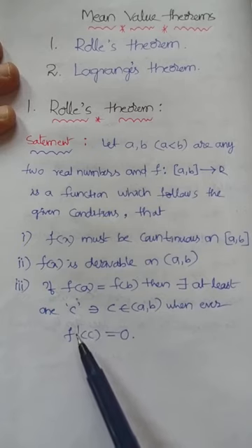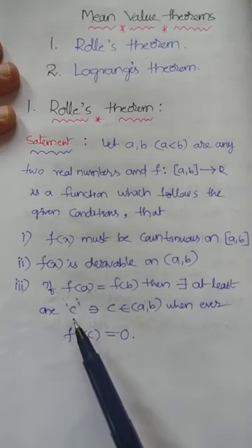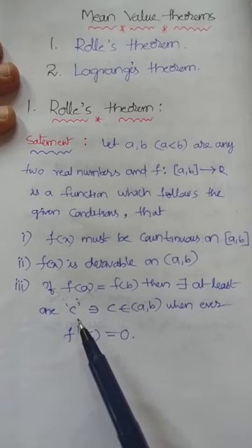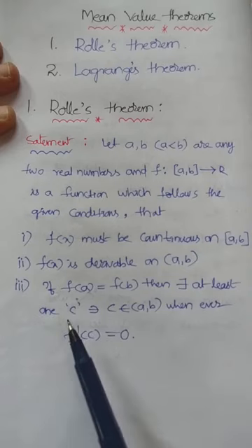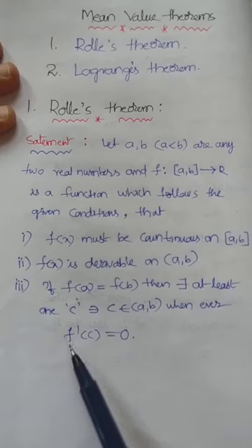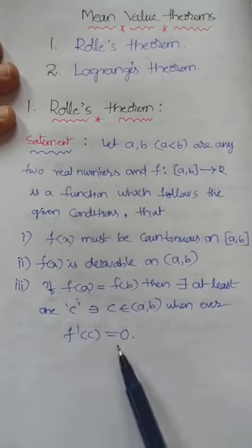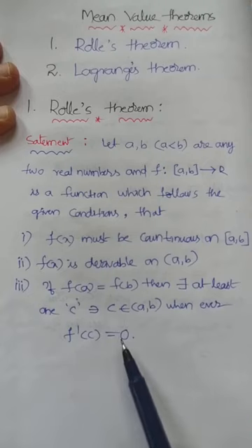So the second step is to differentiate the given function so that you get f dash of x. And the third step is, for any c, you get the f dash of c value. And the fourth step is, you have to equate this f dash of c value to 0.